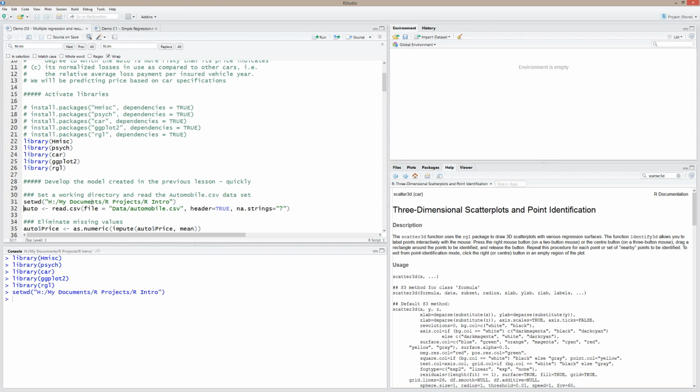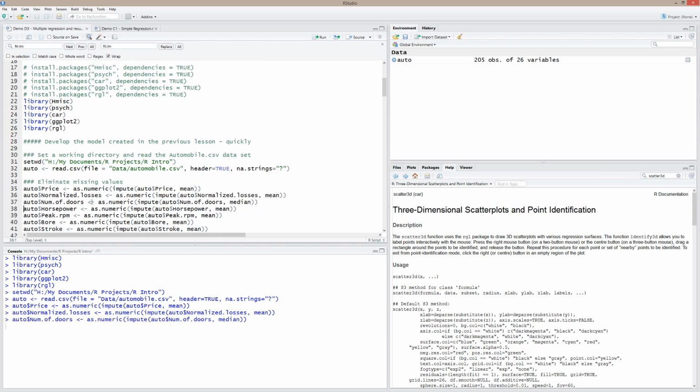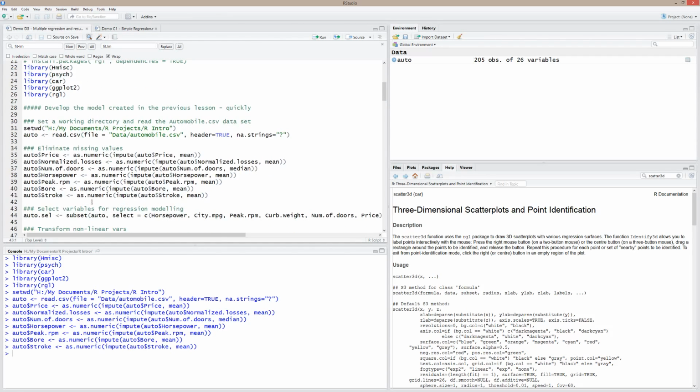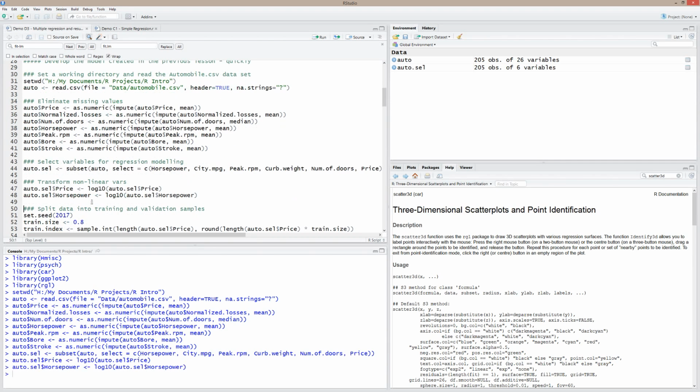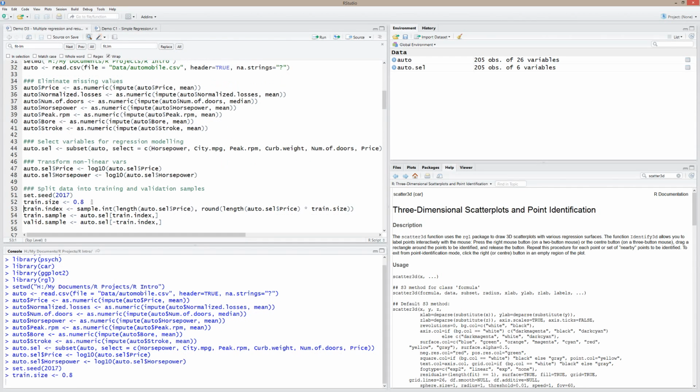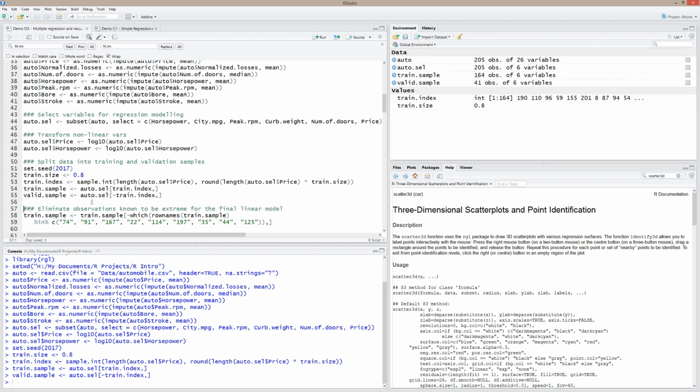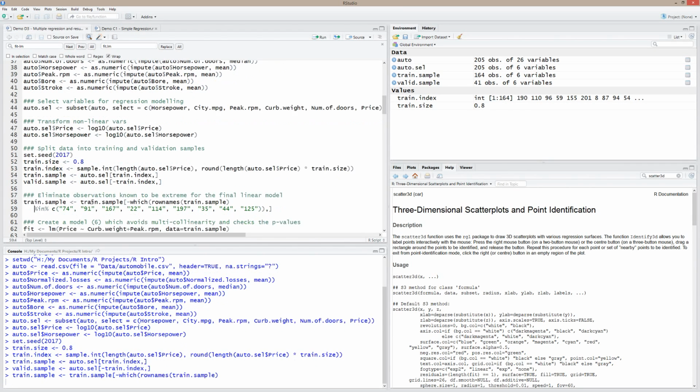Let's get the data in, isolate the variables and eliminate the missing values, create a data frame, and transform two heavily not normal variables, split the data set into training and validation set, and eliminate extreme values, which was quite a long process, but eventually I arrived at those particular instances of observations, and I remove them by row names.